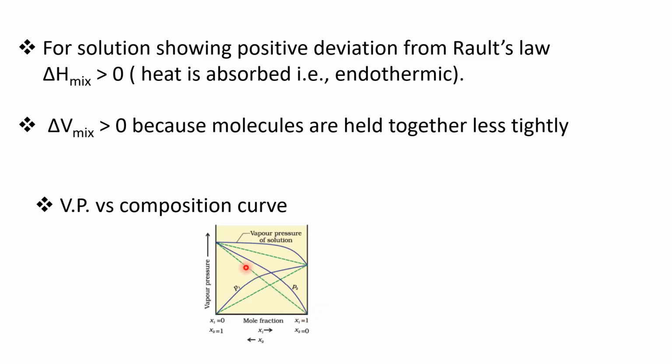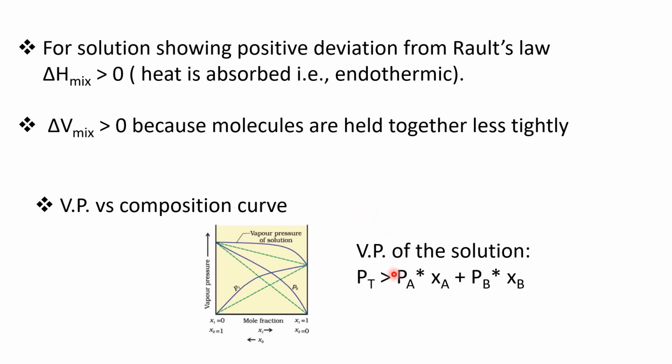Similarly, this dotted line indicates the partial vapor pressure of component 2 if it behaves ideally, but the actual partial vapor pressure is a little more. And this dotted line indicates the vapor pressure of the solution if it behaves ideally, but actually the vapor pressure is higher than that. This line is as per Raoult's law, and this curve is not obeying Raoult's law. So the total vapor pressure is greater than that given by Raoult's law.